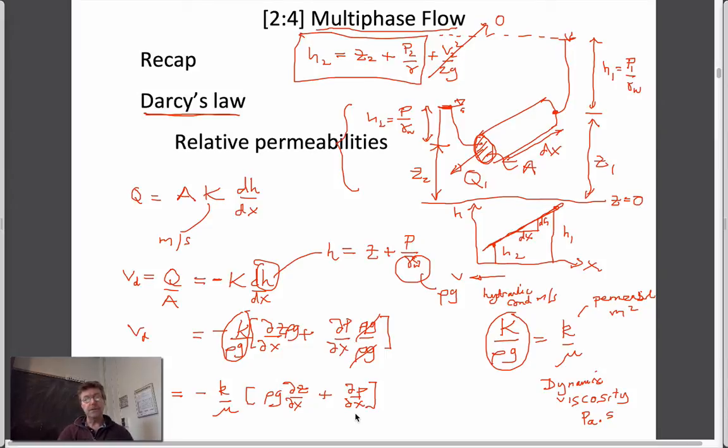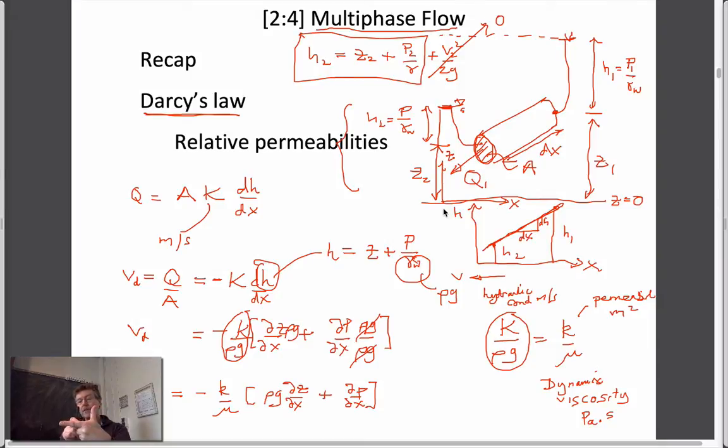And so if you think about exactly what the coordinate system is for this, we've kind of implied that the z direction is vertically upwards and the x direction is horizontally across the page. So by definition, a small component in the z direction relative to the x direction is 0 because they're orthogonal to each other, right?